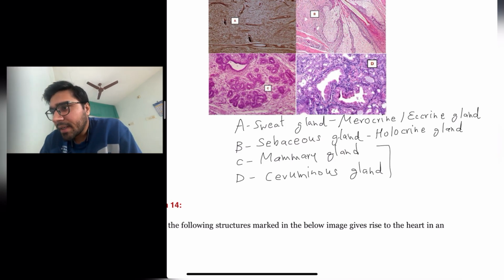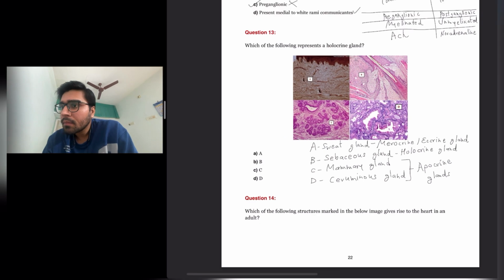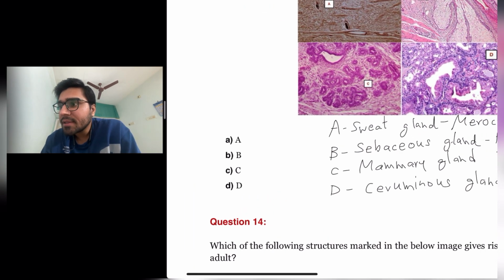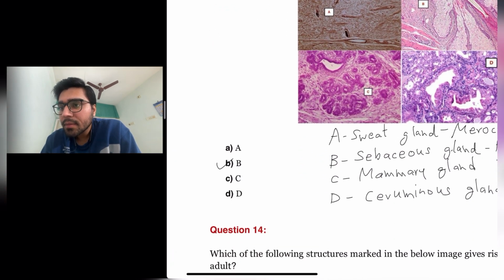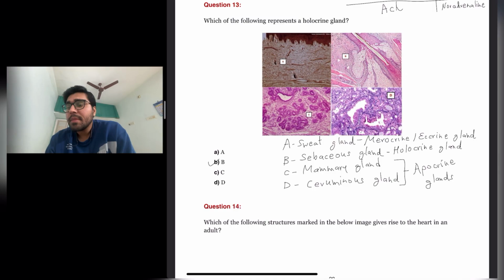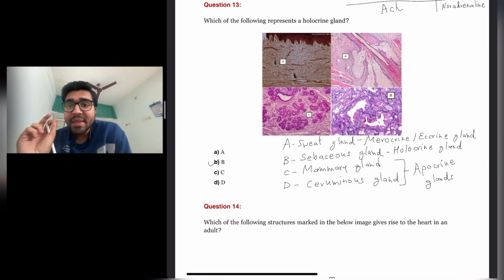Mammary gland and ceruminous gland are types of apocrine glands. So the answer here for holocrine gland is B, that is sebaceous gland.